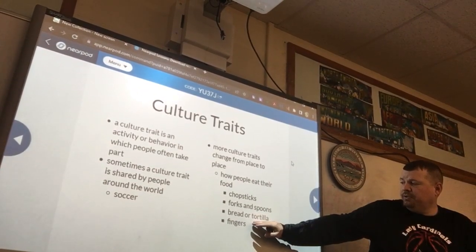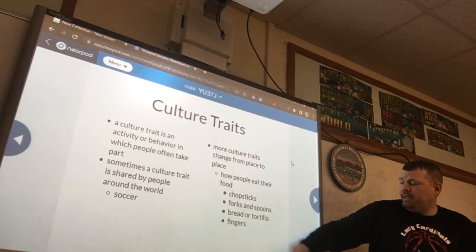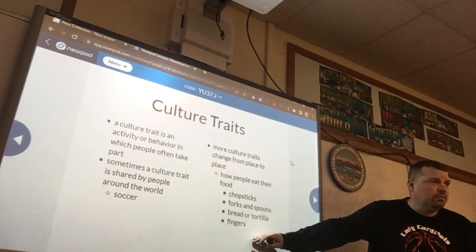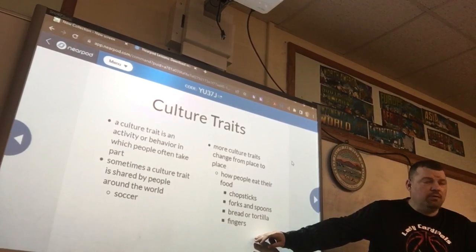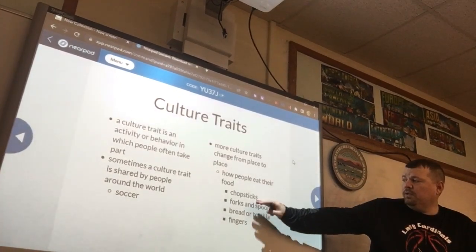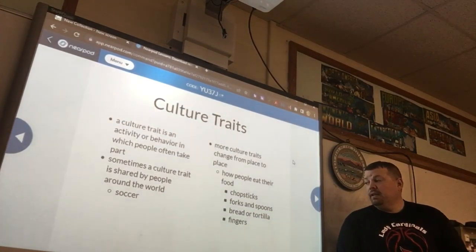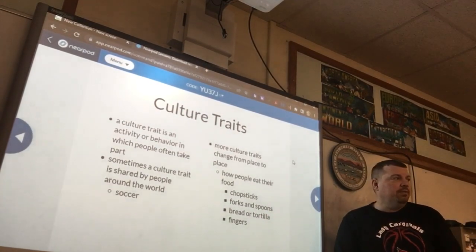Some places use a bread or tortilla. Some places just use their fingers, for meat and stuff. So all over, even using forks and spoons could be different.